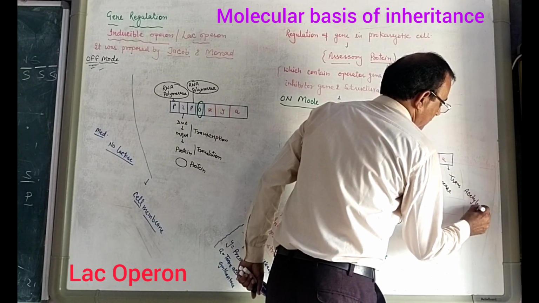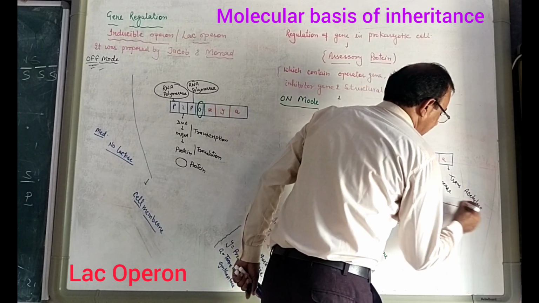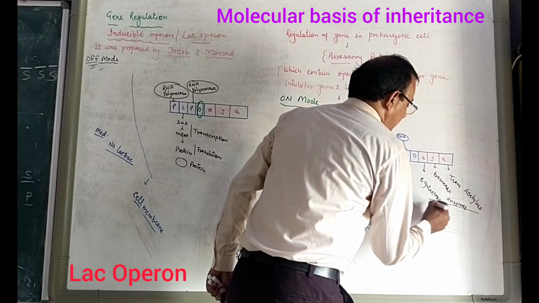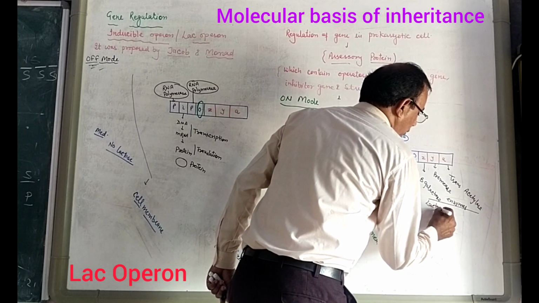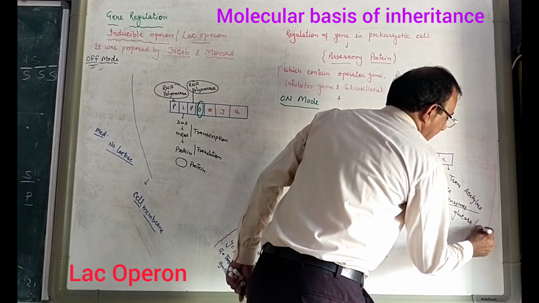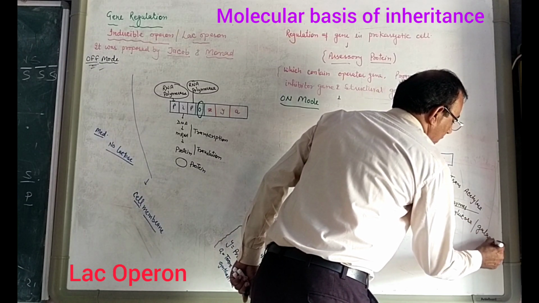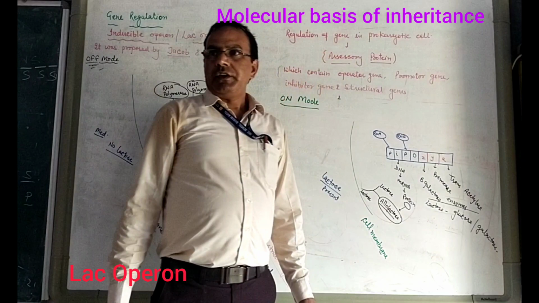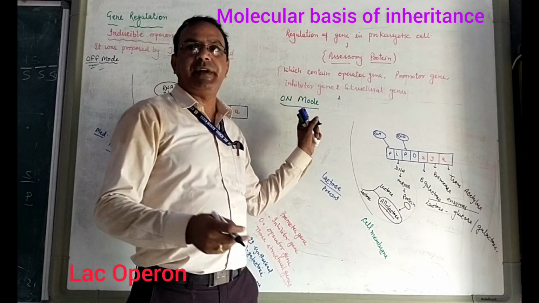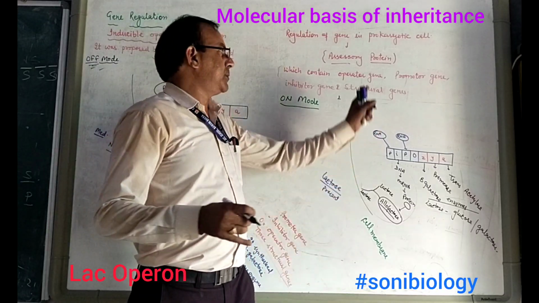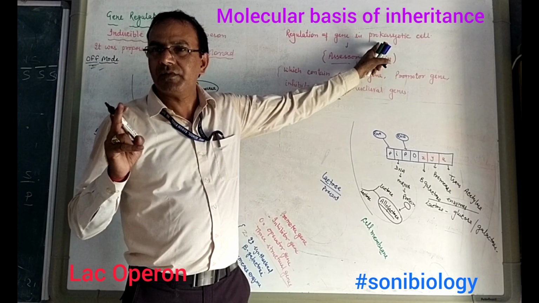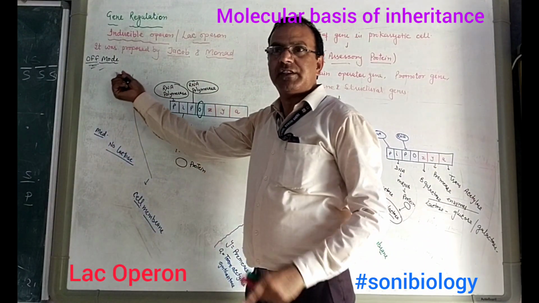These are all enzymes, and these enzymes convert the lactose into glucose and galactose, in which energy is produced. We know that if the process remains on, it is responsible for the growth of a prokaryotic cell. Normally, the condition remains off.